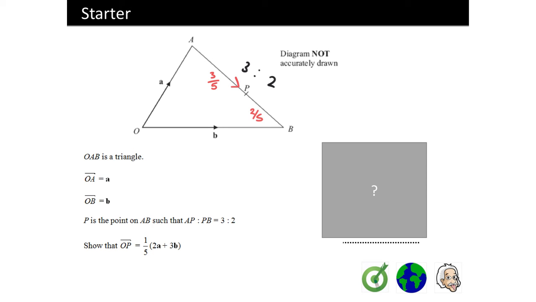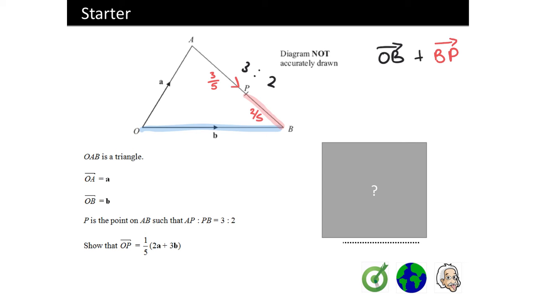Okay, so first of all we need to work out AB. Why do I need to work that out? Sorry, I've gone a bit fast. OP, how can I do that? O to B plus BP.